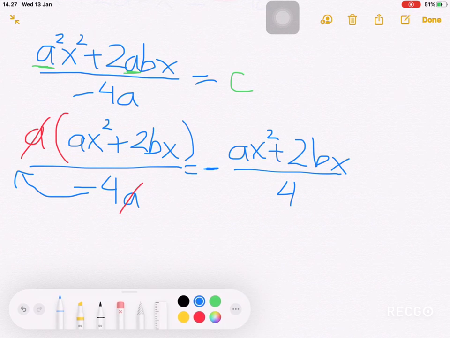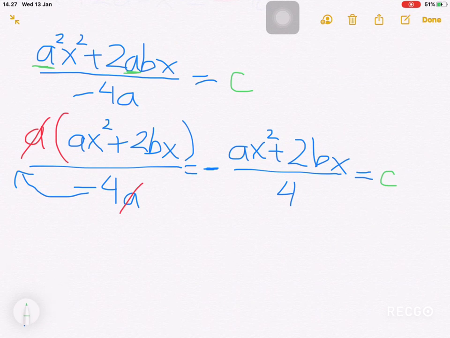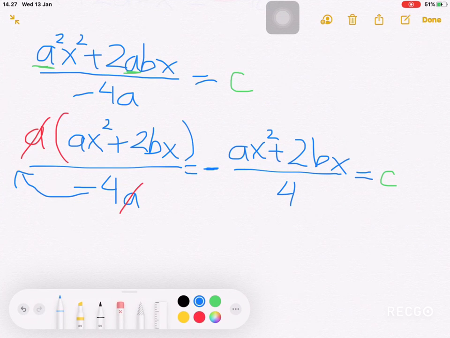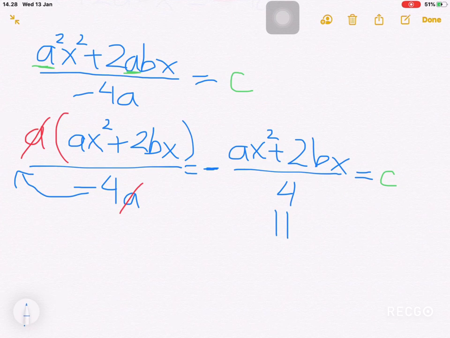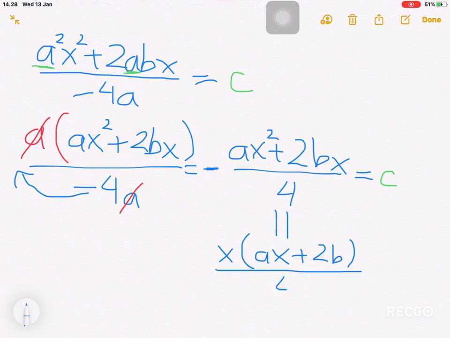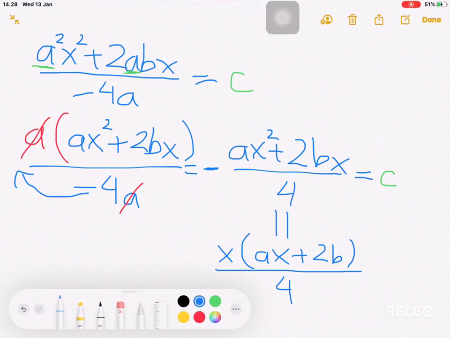And remember, this is all still equal to c. And perhaps I'll just factor out an x, just in case you're wondering what happens if you factor out an x. So yeah, I'll just write the answer here for you guys right there. And remember, this is still equal to c.